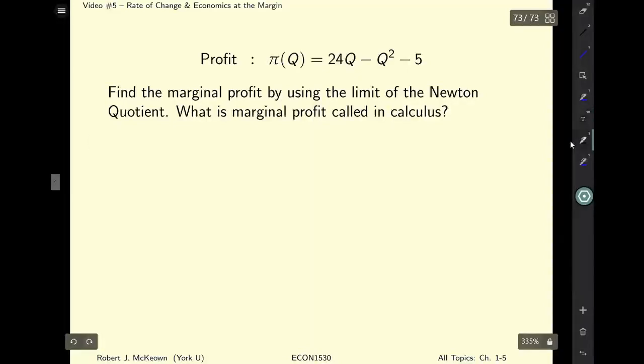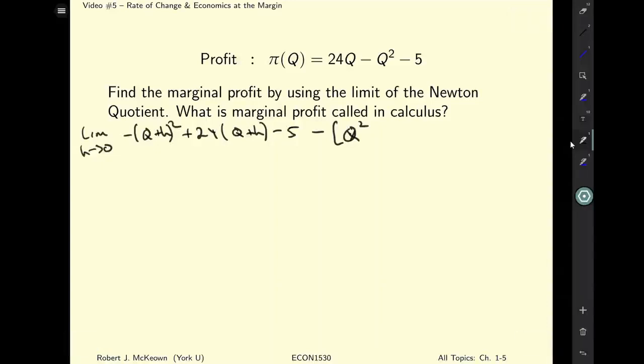I've got the limit as h approaches 0 of negative (q plus h) squared plus 24(q plus h) minus 5, and this whole thing is going to be minus negative q squared plus 24q minus 5.